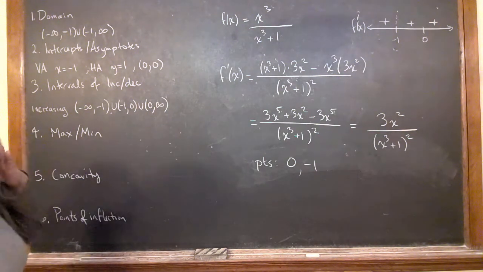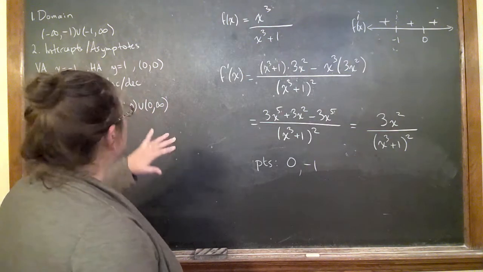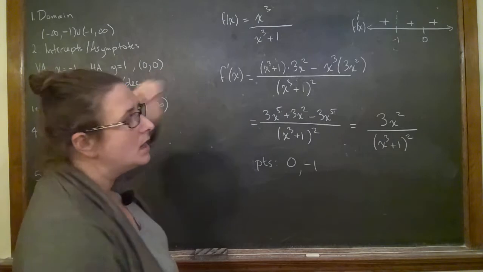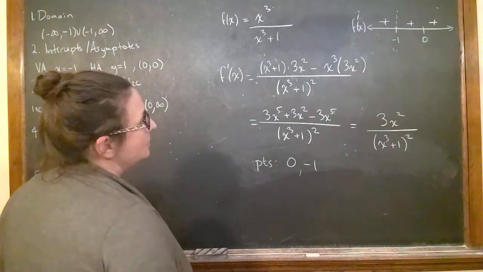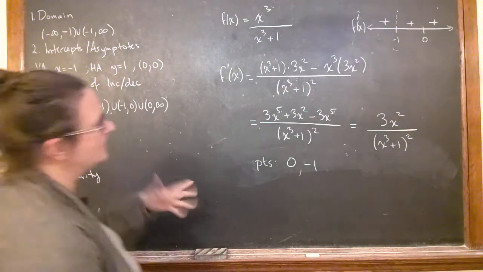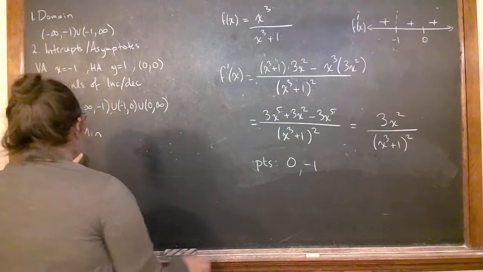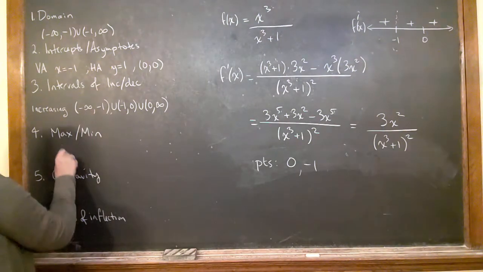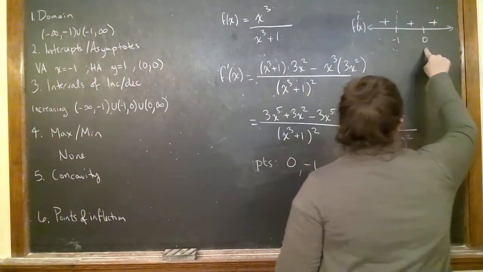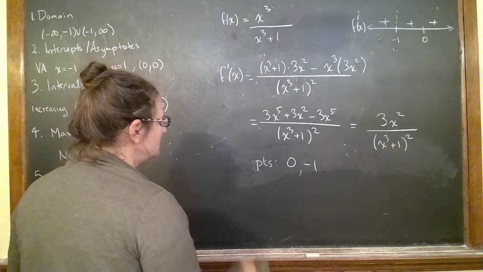Now, in terms of what's going on at the asymptote, I can take the limit and figure it out. We'll worry about that when we get there. Or I can actually do a sign chart or whatever. There's various possibilities, but we'll worry about that when we get there. Now, as far as max and mins, looks like there's none, because the derivative doesn't change sign at 0. That's going to be a point of inflection, I think.